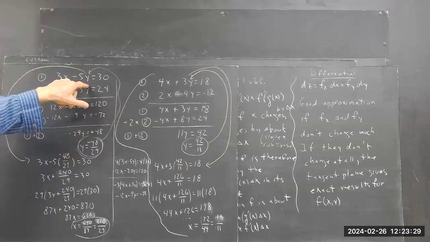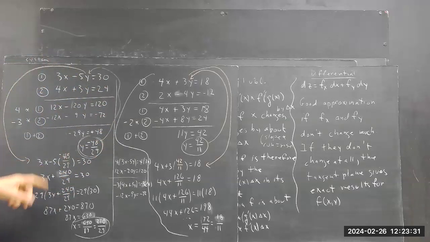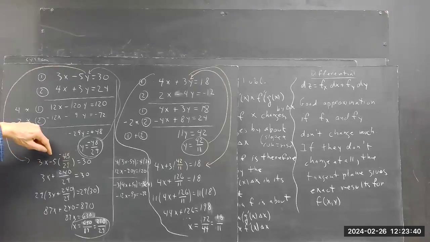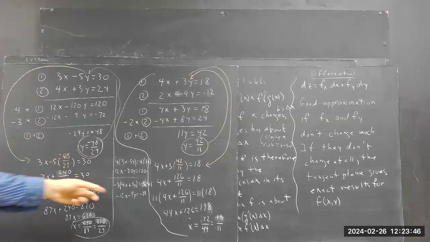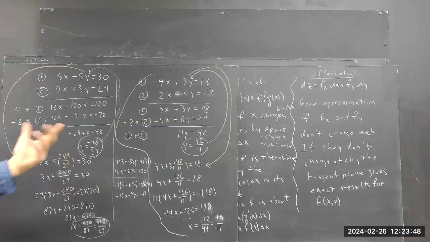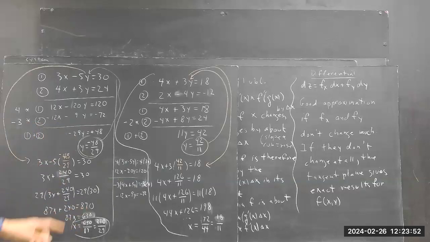Then we plug this solution into this equation and we get this. We multiply the -5 by the -48 to get a plus 240 over 29 here. Then we multiply both sides by 29 to clear the denominators. And we get this equation, which we easily solve, and we get this.